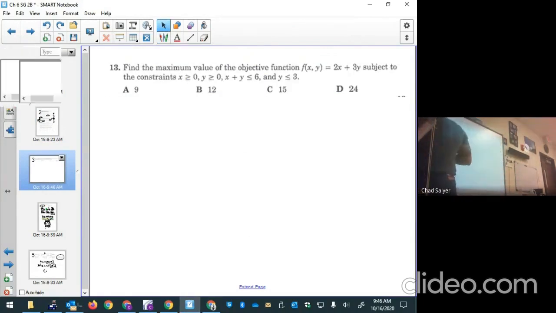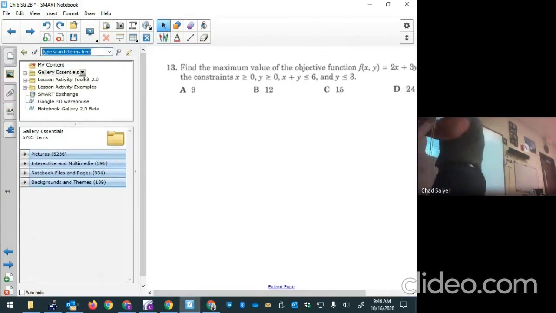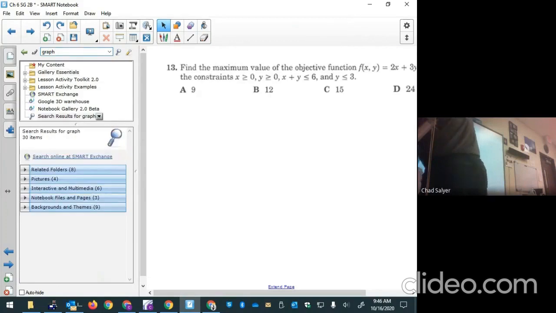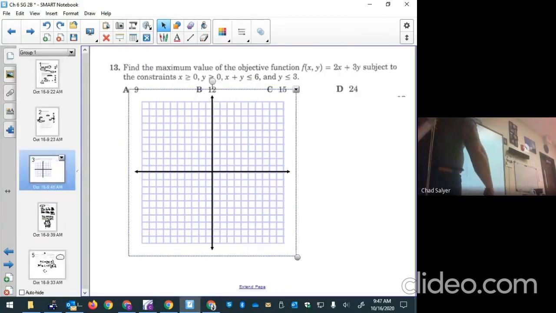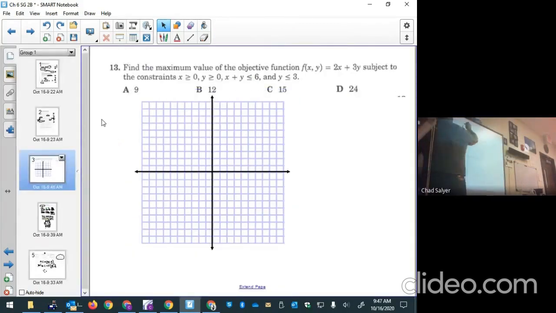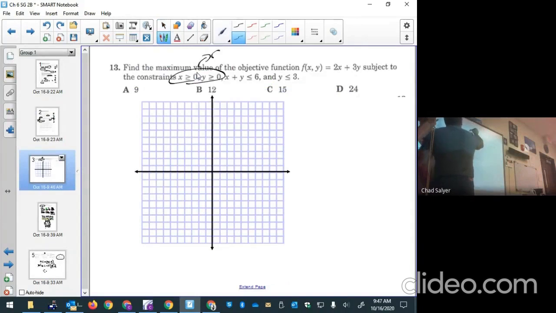Okay, we'll need a graph as well. So x greater than or equal to 0, y greater than or equal to 0. This just confines us to Q1. So we can use the existing x and y axes to serve as our boundaries there.